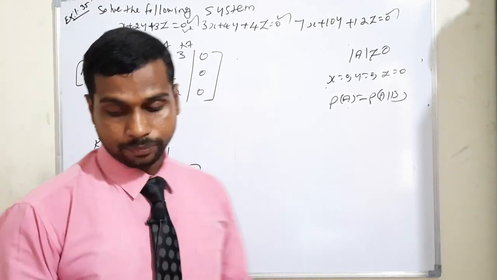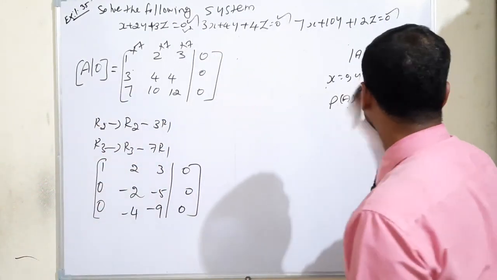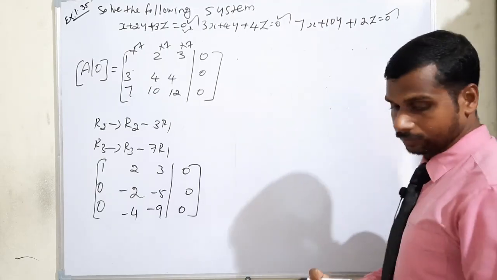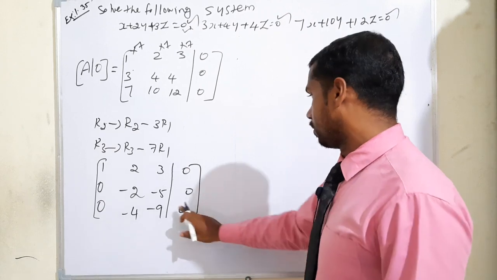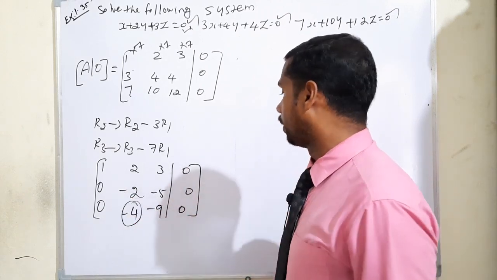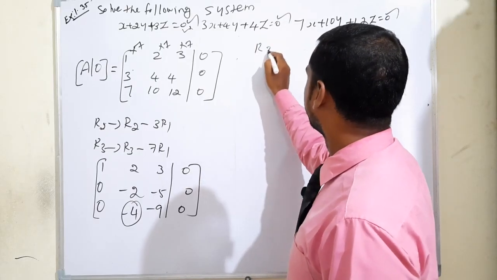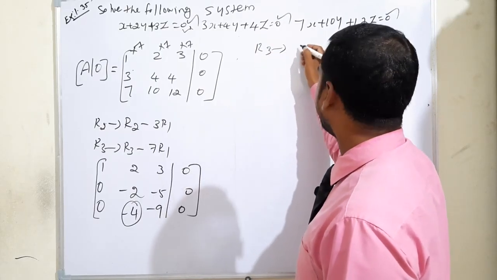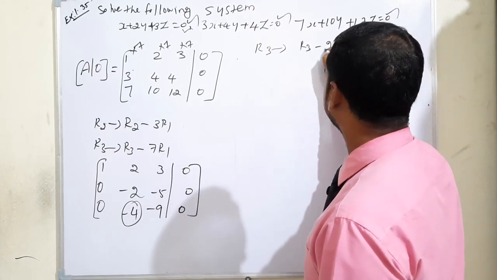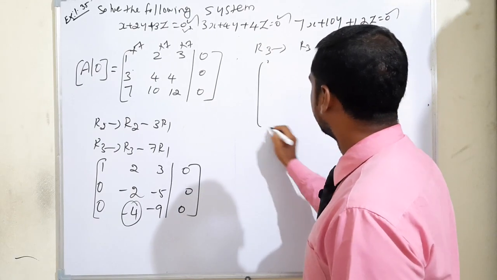Next, what do we have to do? The starting non-zero digit in the second row, we have to make the third row's term 0. So R3 becomes R3 minus 2 into R2, isn't it?